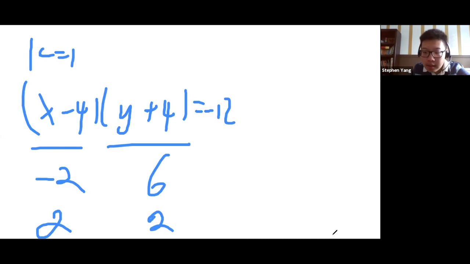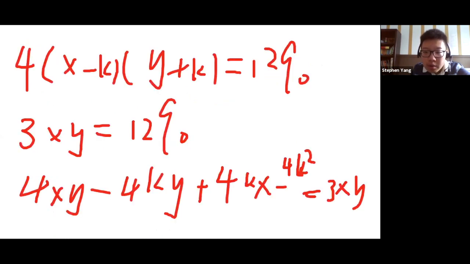And this means that P0 is equal to 2 and Q0 is equal to, what is Q0?